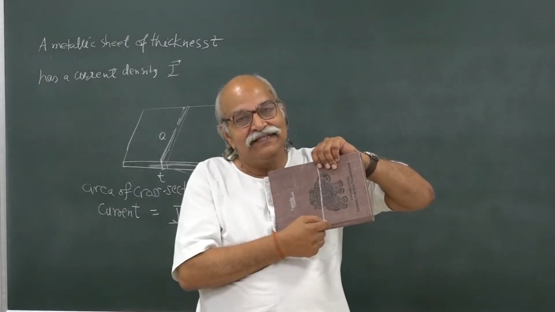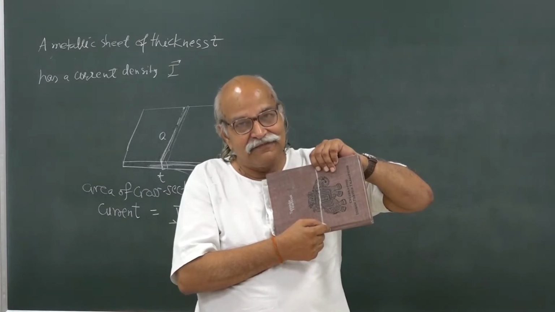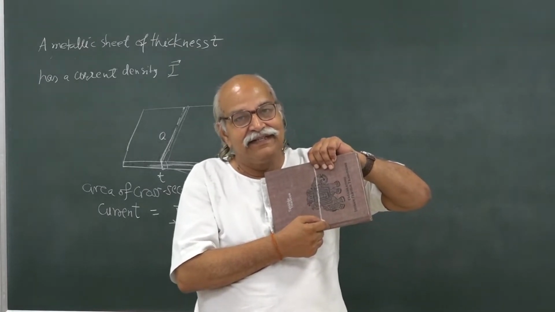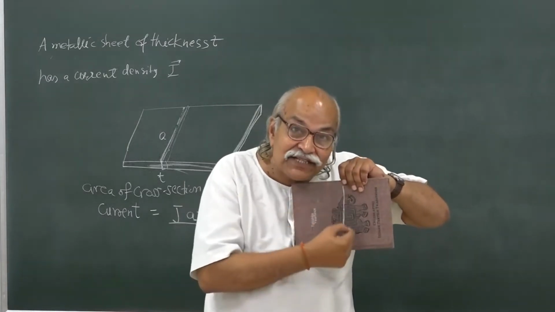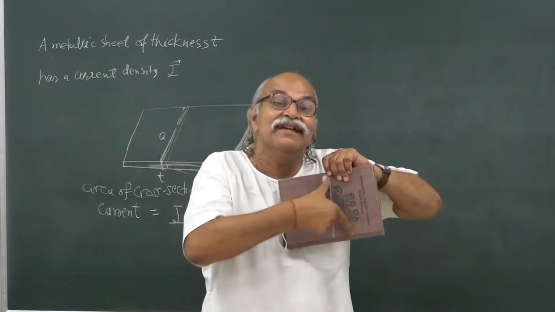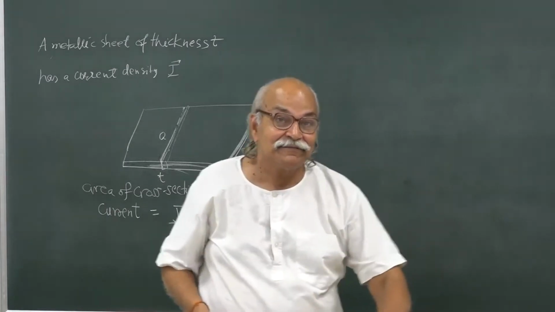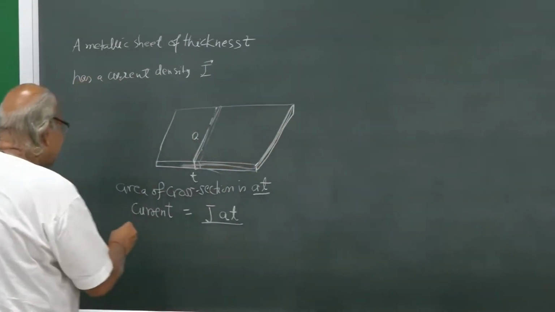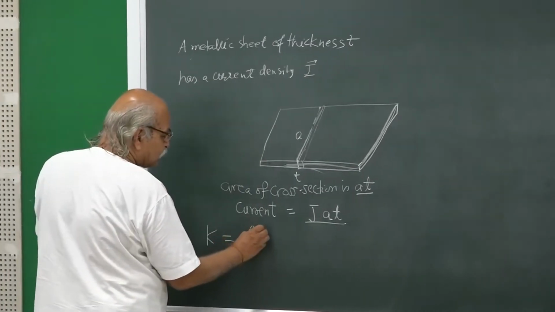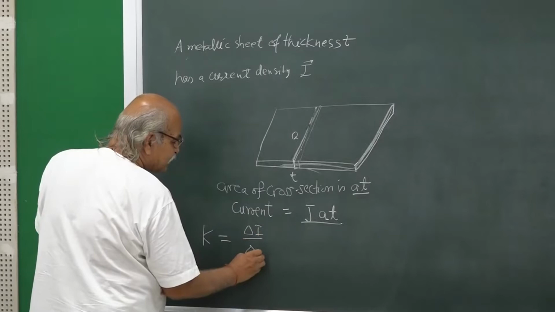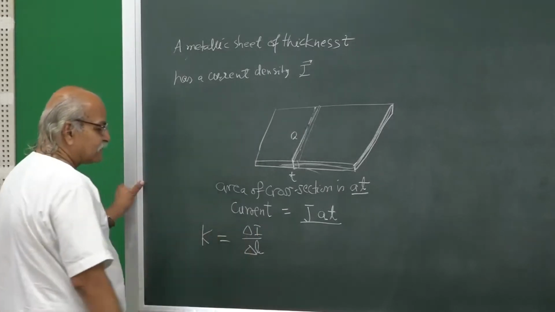Surface current density is, by definition, the current crossing this line divided by the length of the line. Remember that? How do we define K? K is the current which is crossing that length delta L. So that is the surface current.